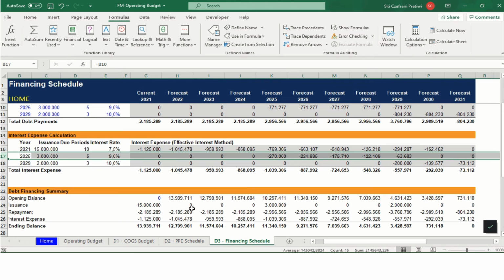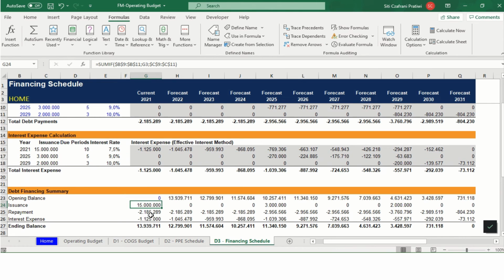Alright, fine. So this is how to calculate the issuance and the repayment. The repayment here, you get from the total debt payment, while the interest expense, you get from the total interest expense in cell G19.